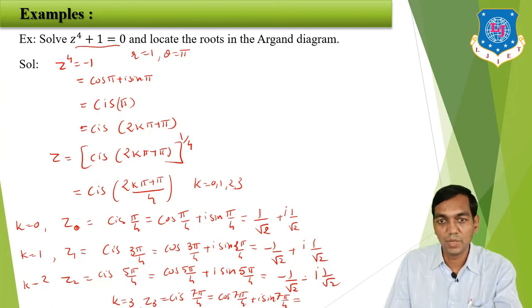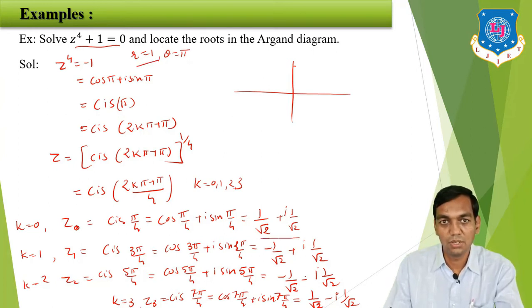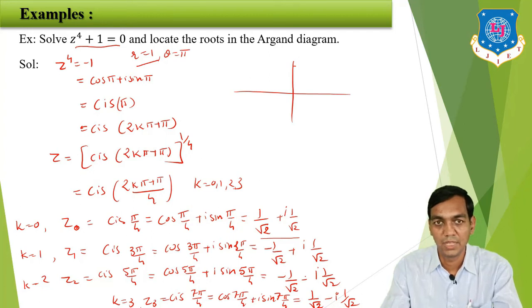But cos 7 pi by 4 is 1 upon root 2, and sin 7 pi by 4 is minus 1 upon root 2. And you have to draw this on the Argand diagram. That means you have to draw all 4 roots. Now it is very easy to draw them. Even if you are not finding the values, you can draw them on the Argand diagram.